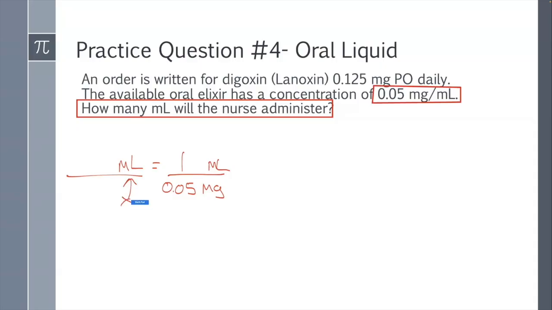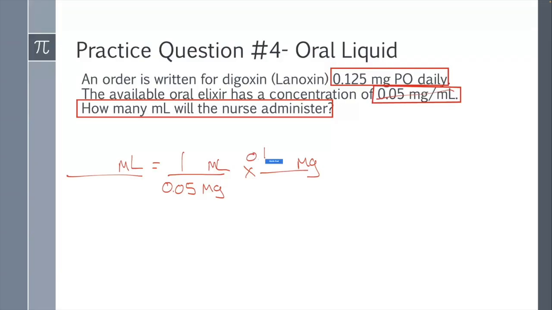There's nothing over here on the bottom. So I need to ensure that I don't have anything on the bottom when I start working my problem on this other side. So that means I have to get rid of my milligrams. That's correct. Okay. So I go back to this problem. I need milligrams. I've already used these 0.05 per milliliter. I can't use those anymore. Thankfully, the order is written for 0.125 milligrams.